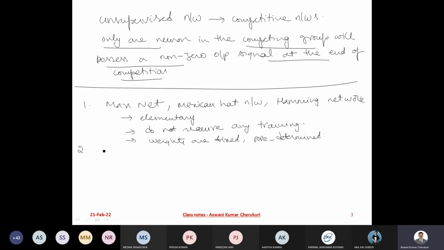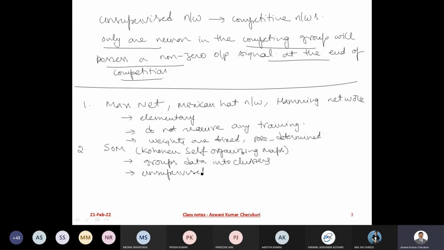Then you have self-organizing maps, called the Kohonen self-organizing map, because it was invented by Dr. Kohonen. Its responsibility is to group data into various clusters, and it is one of the best models to portray unsupervised learning.